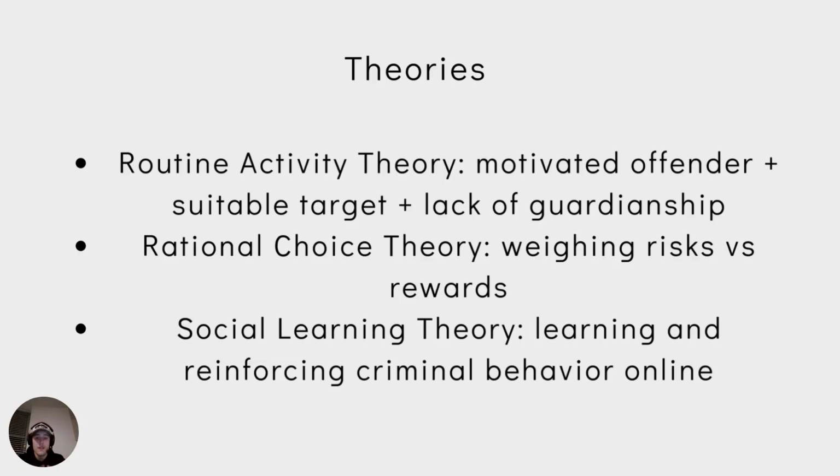Suitable target: a vendor, someone that's selling, someone that's trying to exploit someone for their information, steal their crypto wallets. And then lack of guardianship or oversight, which is like a government entity, which we have over things like Safari and Instagram. So like law enforcement being able to look over what is being sold or talked about.